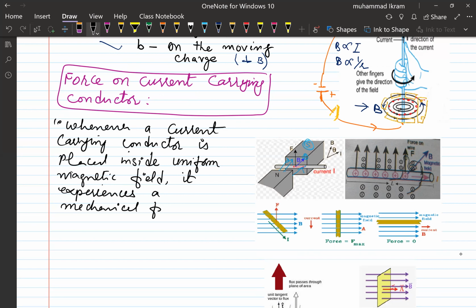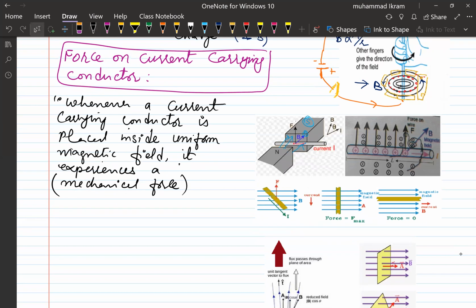I call it a mechanical force because it moves the conductor, right? You can just say it experiences a force. That force could be a mechanical force as shown in the diagram.